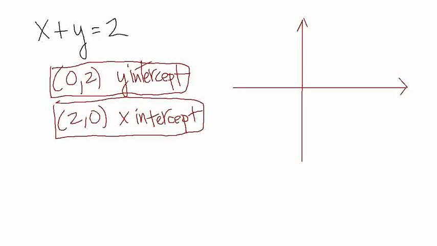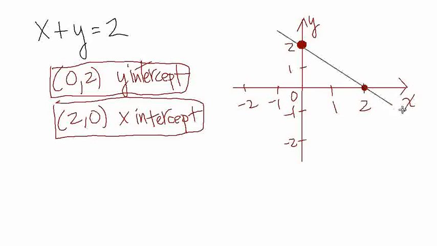So give me a second to finish my picture of the xy coordinate plane. Okay, so (0, 2) right there, (2, 0) right there. So the line looks like that. And I hope that's what you got.